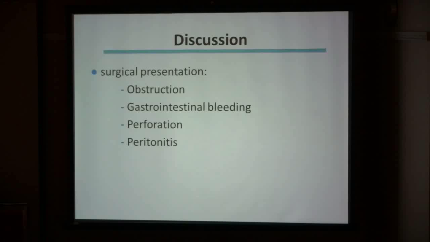The surgical presentation may be obstruction, enterolith, or gastrointestinal bleeding from an ulcerative lesion at the diverticula, or perforation leading to peritonitis, air under the diaphragm, and surgical abdomen. But this patient had only localized abdominal distension.